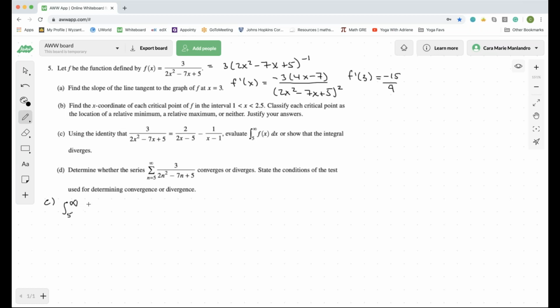All right, so 5 to infinity of f of x. What you want to do is take a limit as some dummy variable goes to infinity. I usually use t. All right, so from 5 to t of my function. All right, and they gave us the partial fraction, which is nice. So I can go ahead and plug that in.